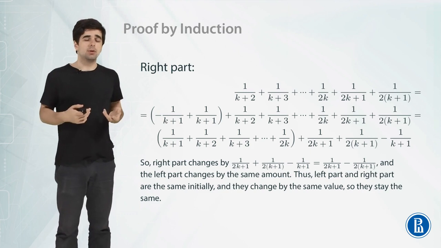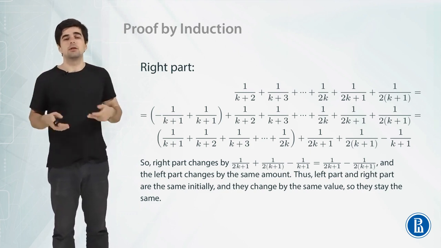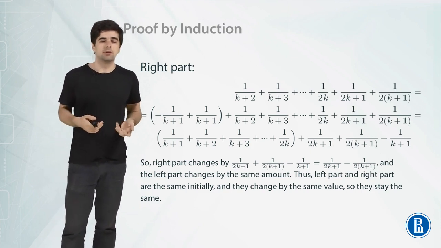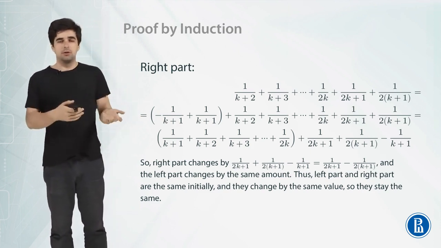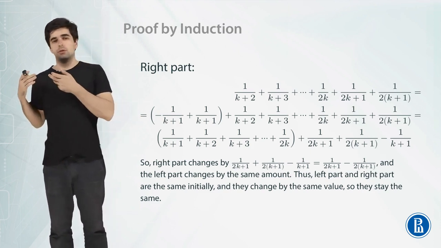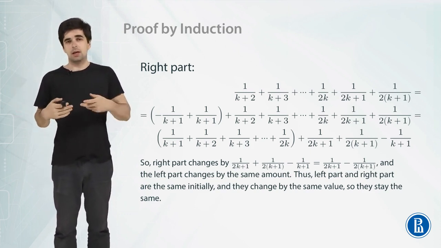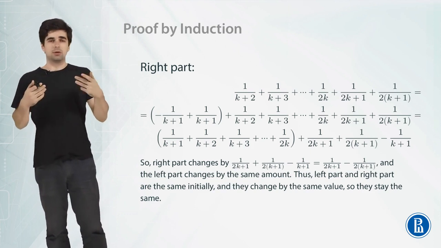And as we have proven both the induction base and the induction step from k to k plus 1, we have proven the general statement. And we know that the alternating sum on the left is equal to the sum on the right for any k. In particular, it is also true for k equal 50, and so we solved our problem.